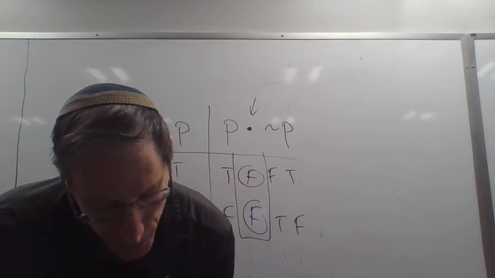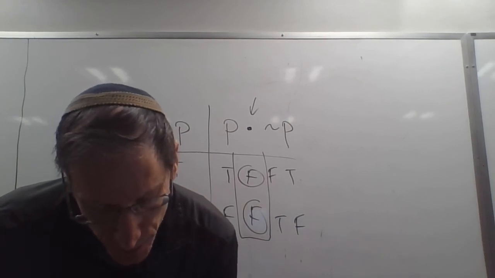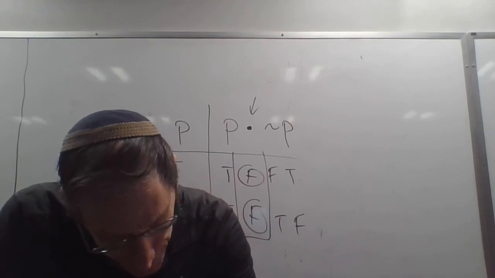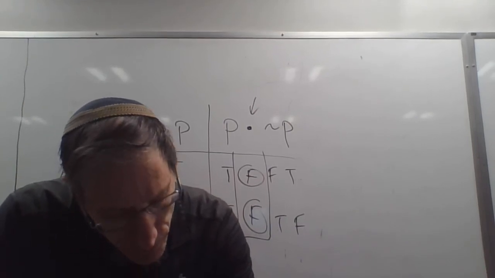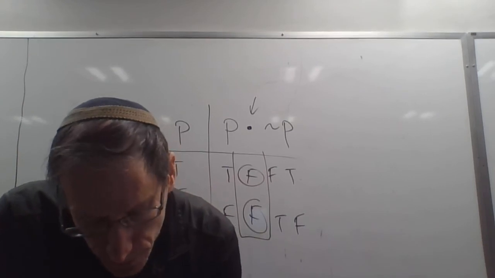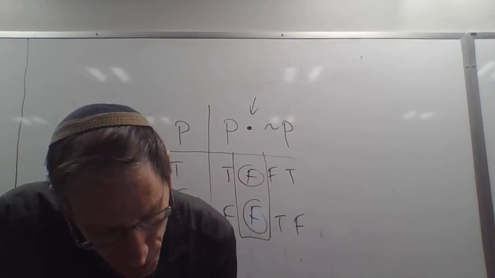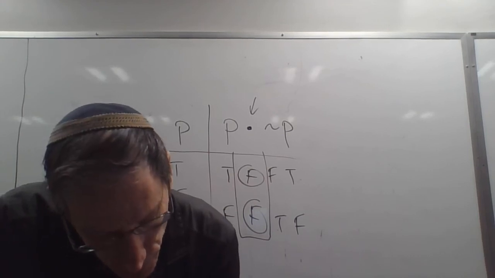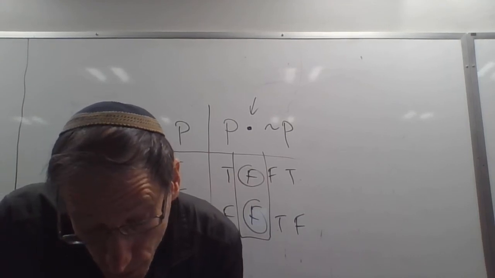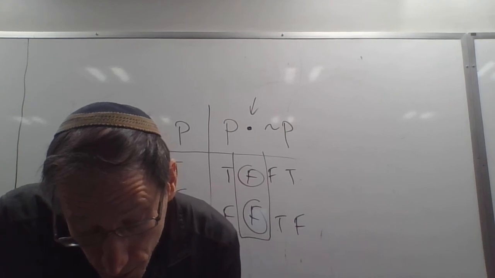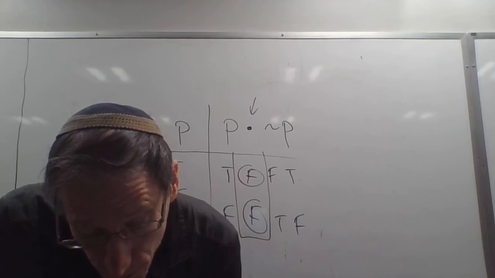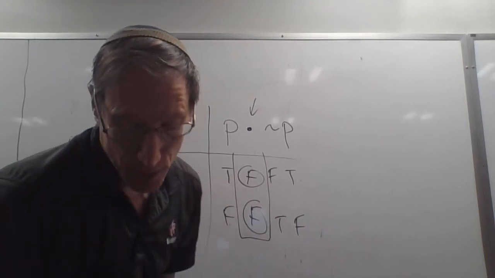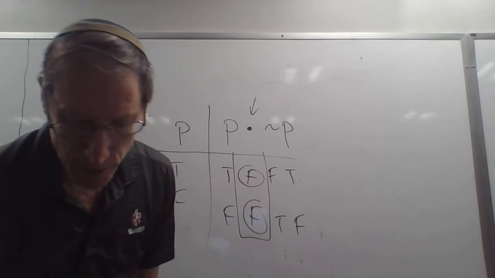Where's an example of a contradiction in the book? I'm actually not seeing one. Well, here's one. Here's a contradiction. Let's take a look at this one.